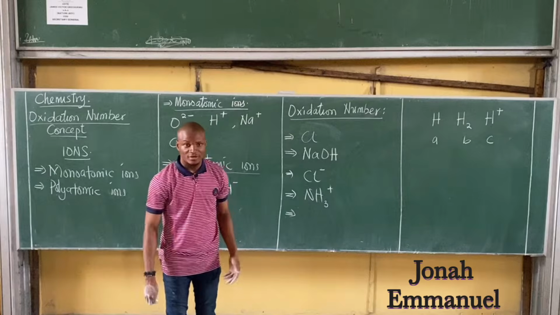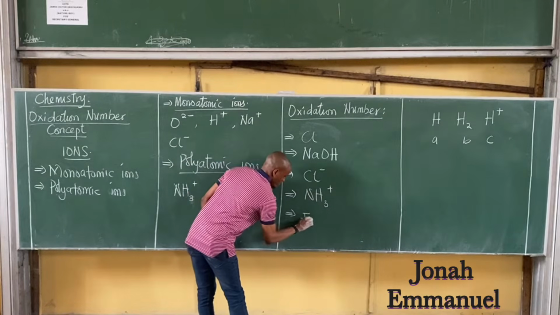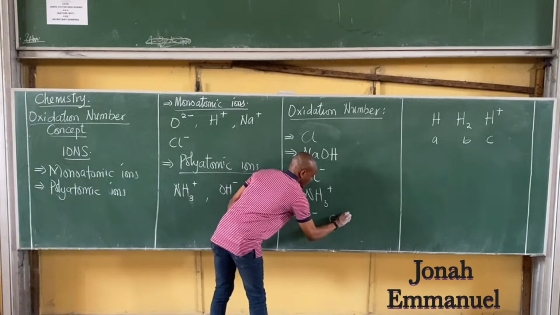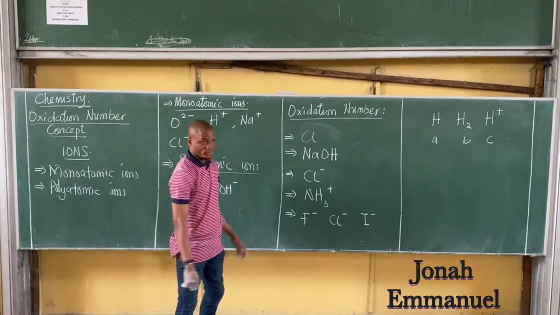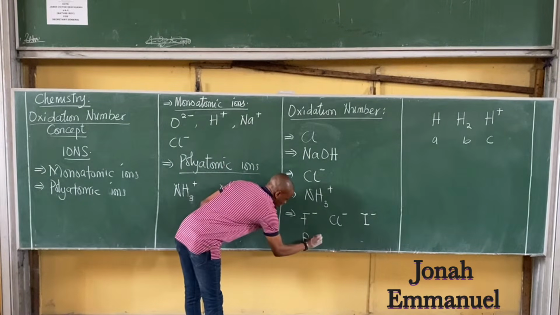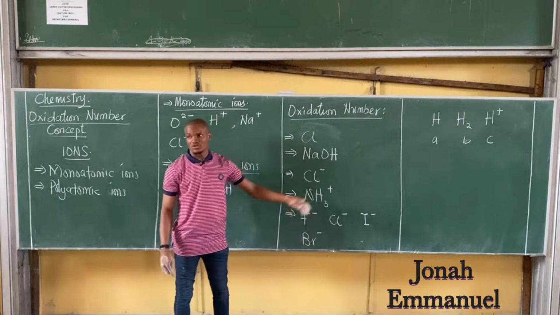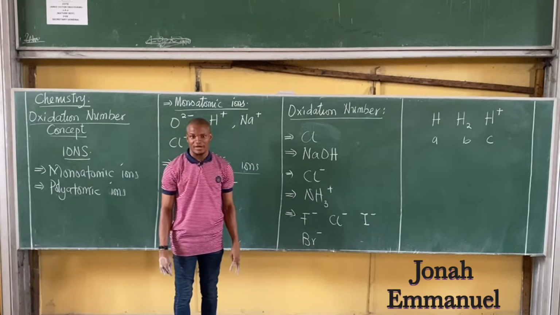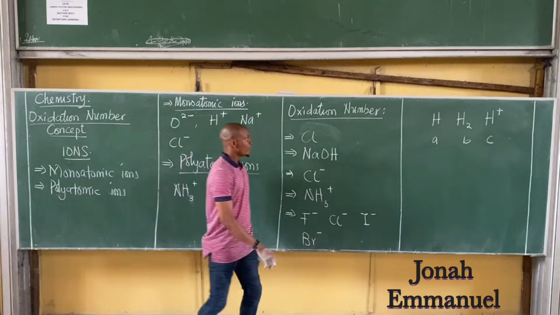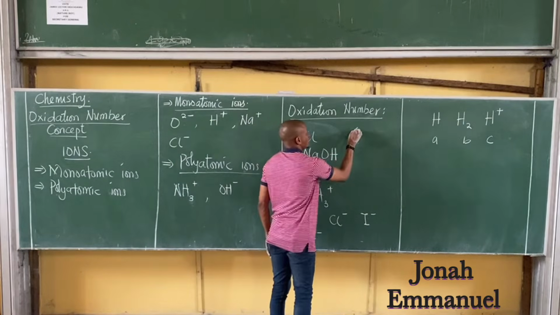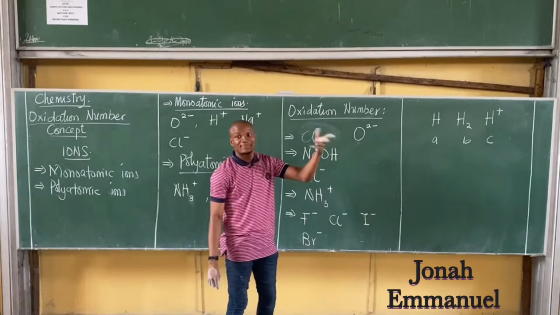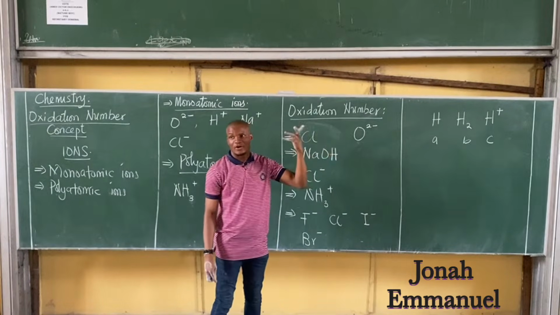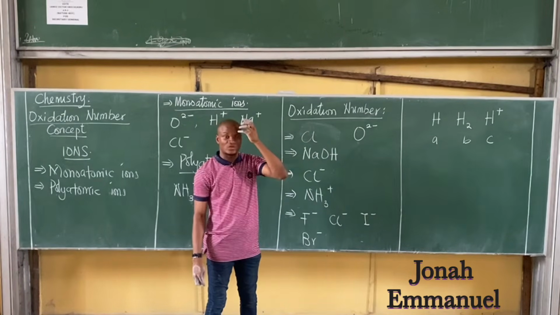Fluorine, chlorine, iodine, bromine, all your halogens, we have -1 as oxidation number. Next up, for oxygen, we said the oxidation number of oxygen is -2. There's an exception, peroxide, where it is -1.